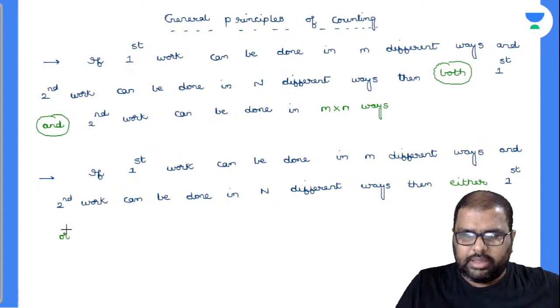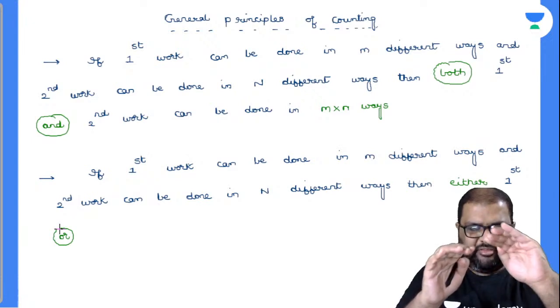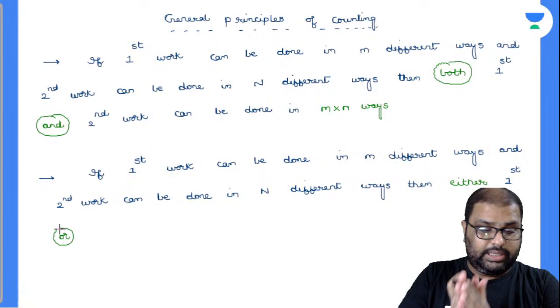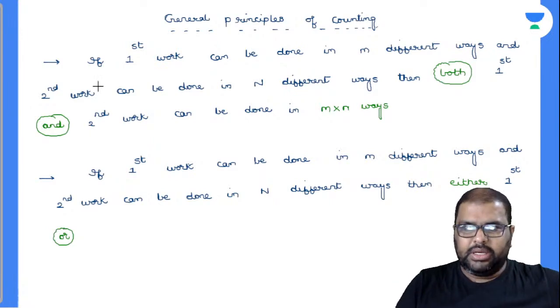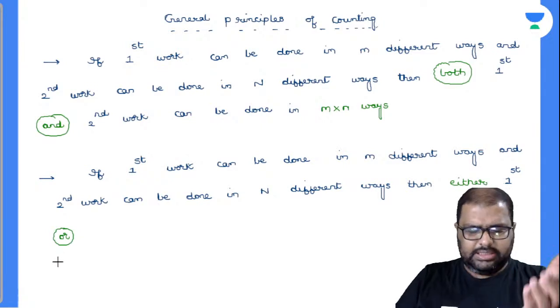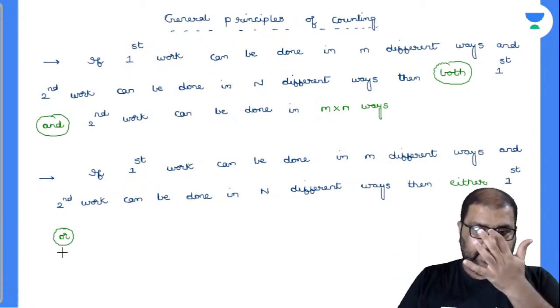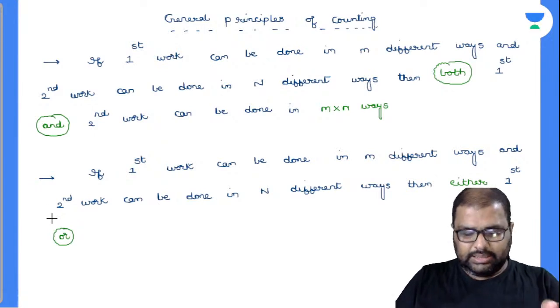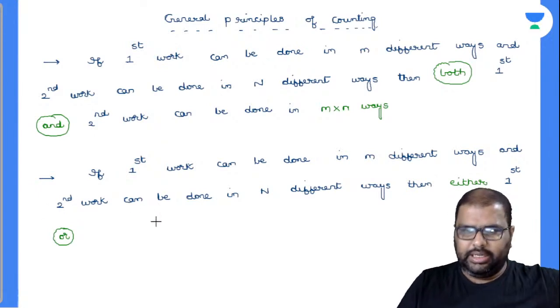The point here is you are doing the first work separately and the second work separately. You're not combining them together. Both are separate, so you have to add those two things. Am I right or wrong? You are not doing it combinedly. You are not doing both at the same time.